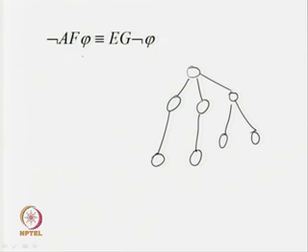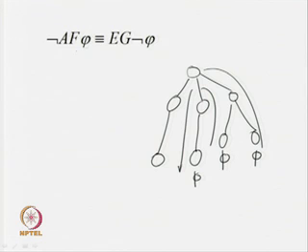That means at least in one of the paths it is not true. So if phi is true here, here, and here, then in all these three paths A F phi is true. But in this particular path we are not going to get any state where phi is true. So A F phi is not true in this particular state S, from where we started.